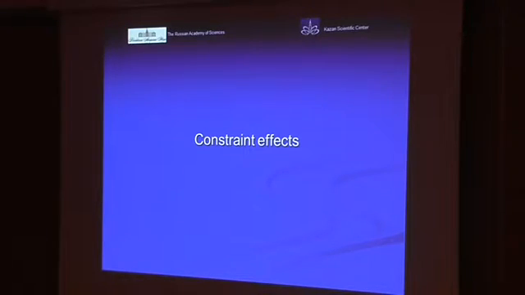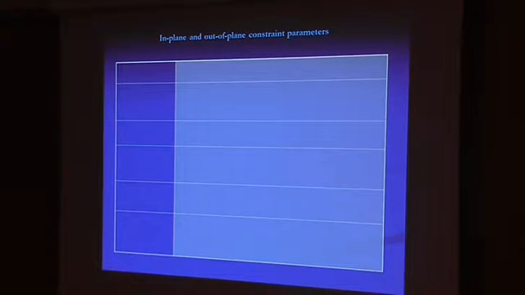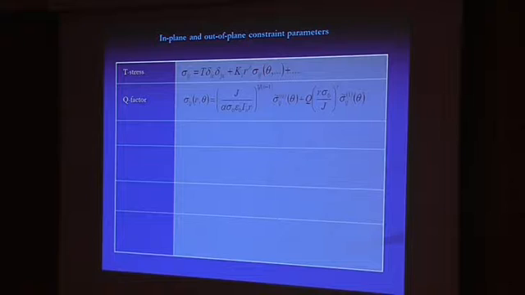Motivation of our study. As you know, in literature there are several constraint parameters. One of them is the in-plane constraint factor, that is T-stress, that is the elastic constraint factor, Q factor, and second order amplitude factor.